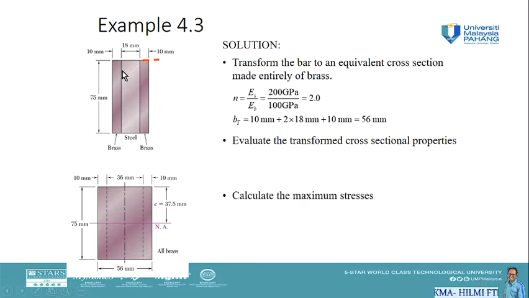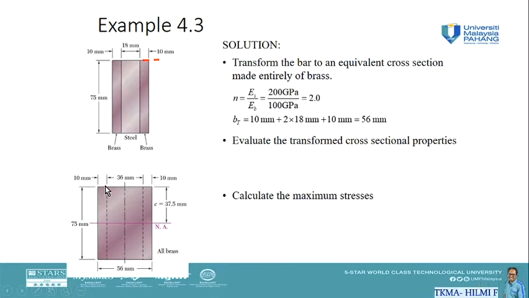So we are going to make sure that only the width is multiplied. The original width is 18, so we are going to multiply by 2, and we should get 36 millimeter.